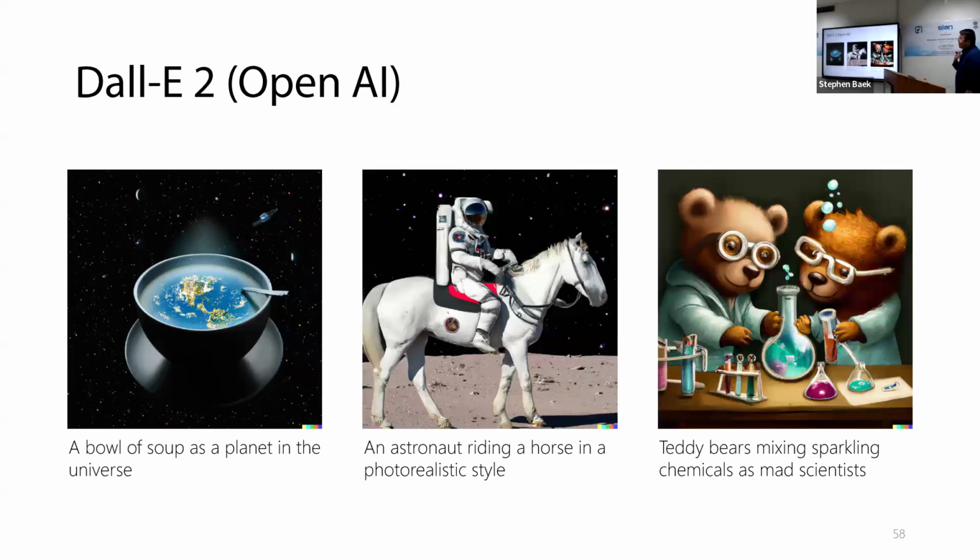So things like OpenAI DALL-E, you probably know this already. Now, it's available in ChatGPT as well. So you can give a text prompt, and then, given the text prompt, DALL-E will generate a synthetic image.